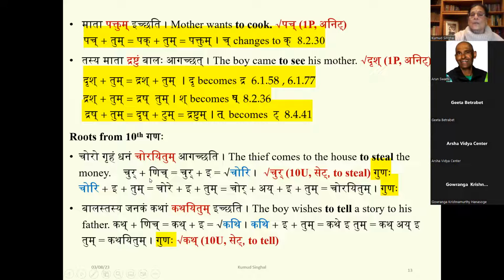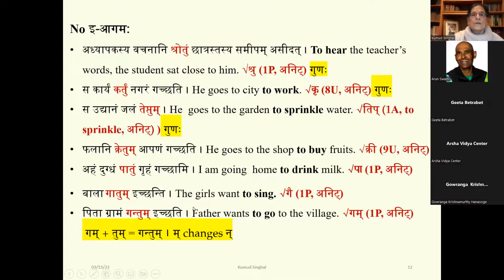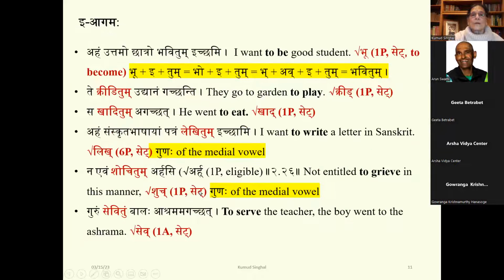Here also it happened, but in the previous one, does that medial vowel have to be a short medial vowel? If you go back one more, yes, stop here. For example, creed doesn't change, but lik is short. For example, lekhitum. So here there was no guna. See, creeditum, here only the e agama takes place. Creed doesn't become cray because it is a long medial vowel.